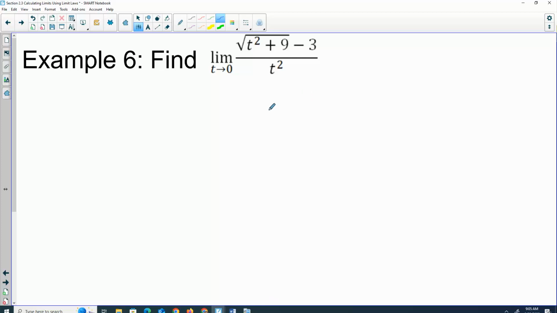No. Any ideas what I could do? So far we've done factoring and reducing, but can I factor this? No. We did one where we multiplied it out, but I can't simplify the square root of t squared plus 9. Any other ideas?